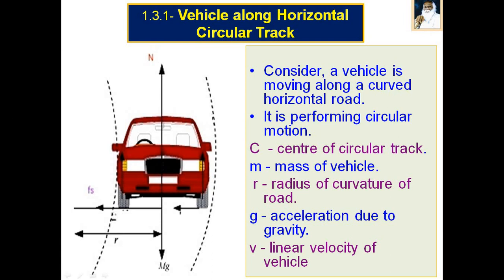Now this vehicle is performing circular motion along the circular track. M is the mass of the vehicle. R is the radius of the curvature of the road. As usual, g is the acceleration due to gravity and v is the linear velocity of the vehicle. The vehicle is along the horizontal curved track.